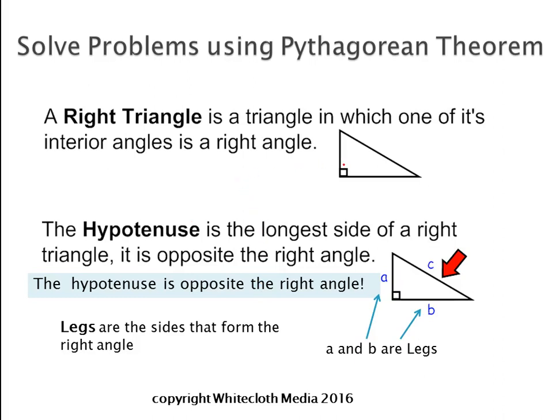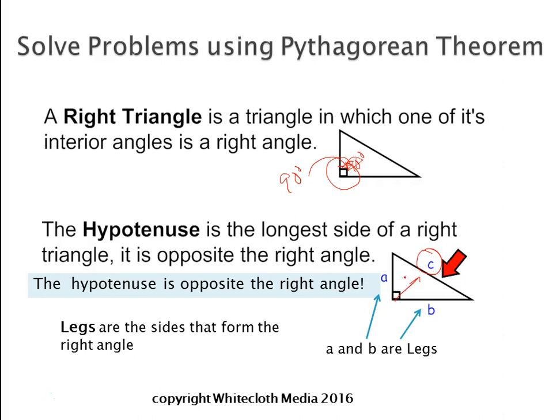Again, a right triangle is a triangle in which one interior angle is 90 degrees. The hypotenuse is the longest side, and we usually call that c. That's the c in c squared. You always know what the hypotenuse is because it's always opposite the right angle.